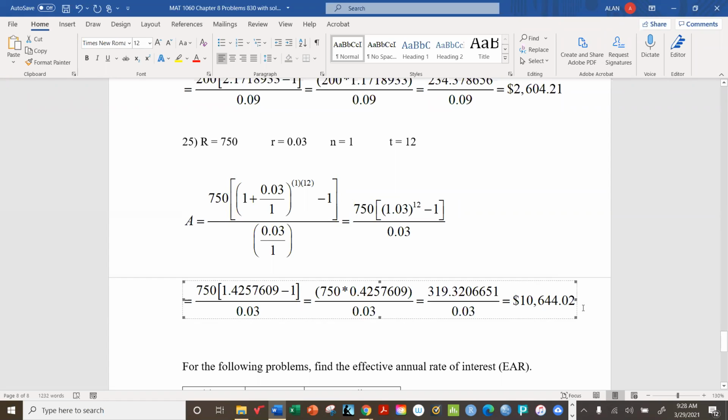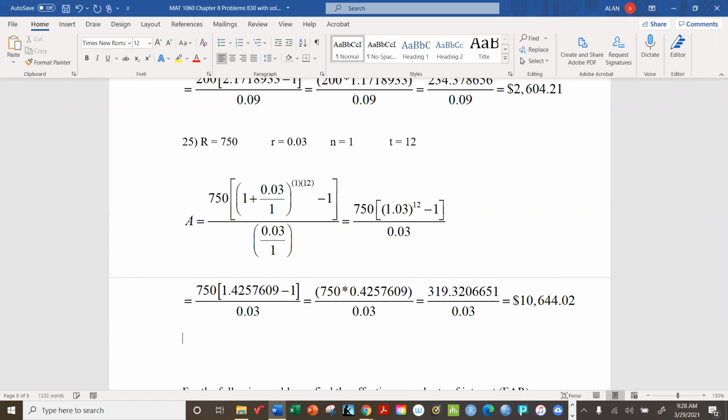Okay. So, all right. So what about the next one? What's going on there? 26. The numbers that we were given are 1250 is the payment.